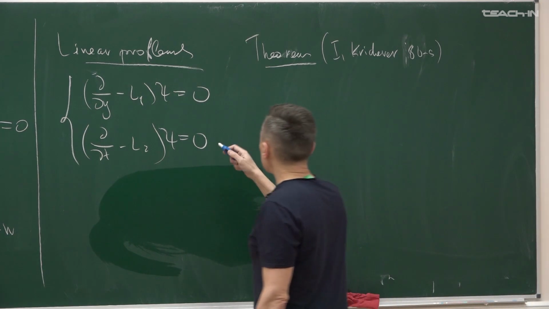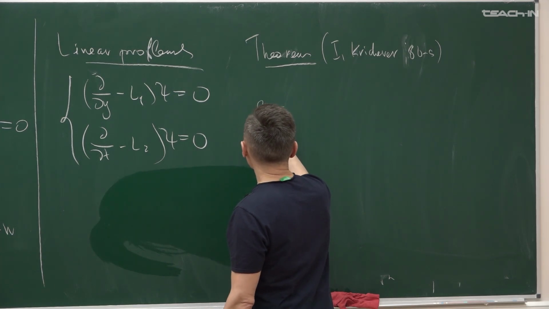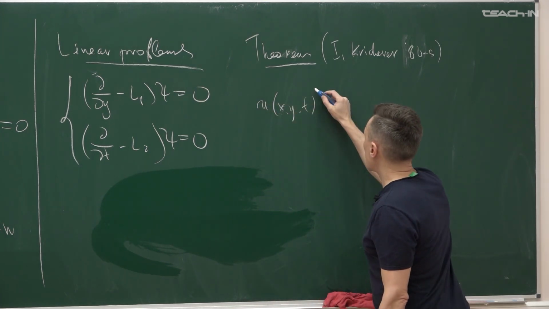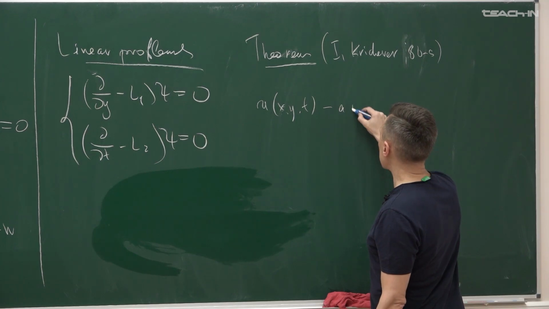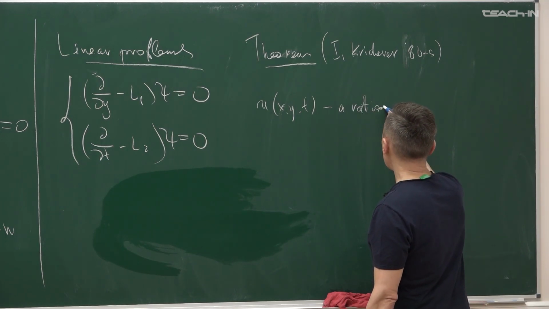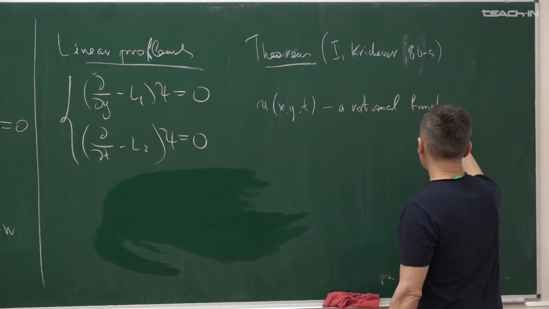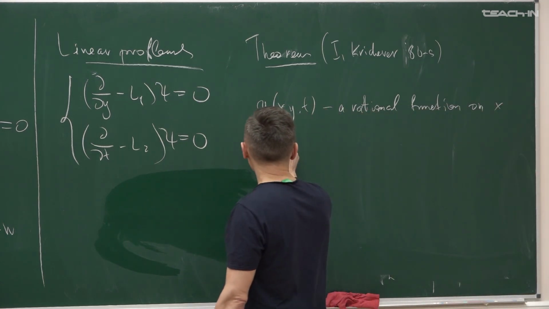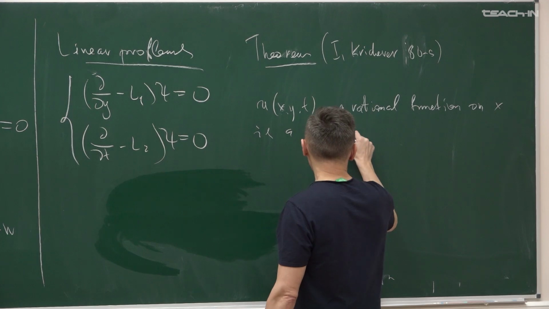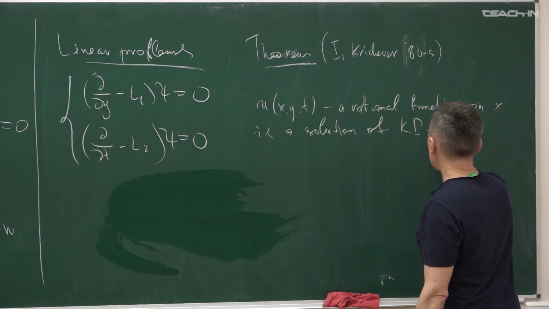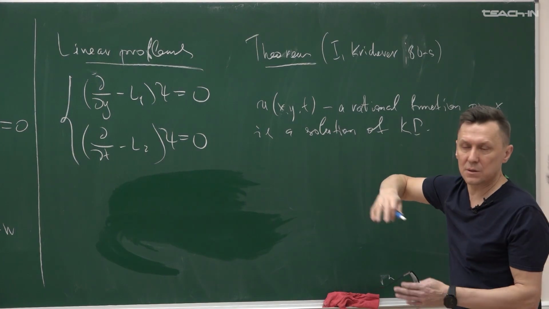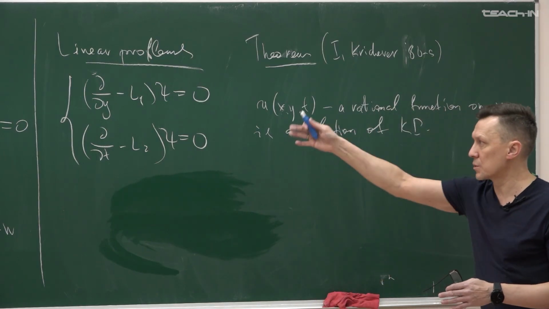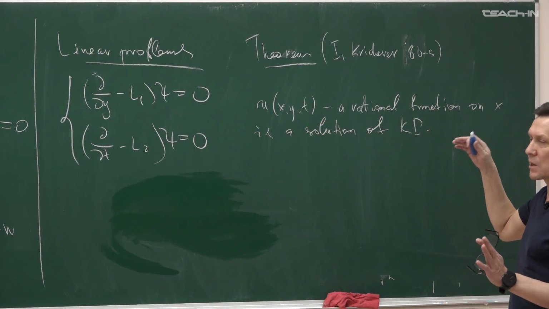The statement is the following: u of x, y, and t, moreover rational function on x, is a solution of the KP equation, and there are all commuting flows which commute with these flows, which is called the KP hierarchy.